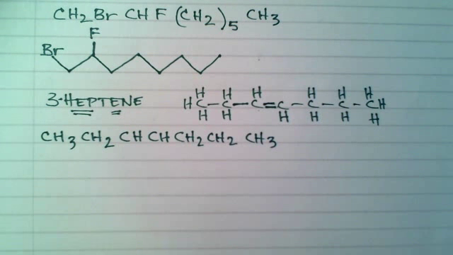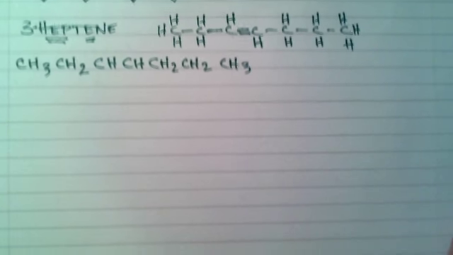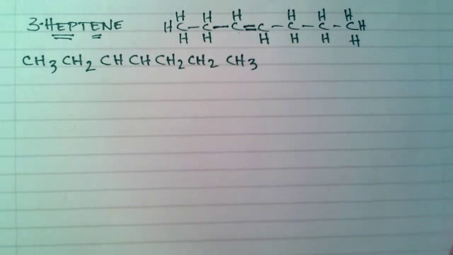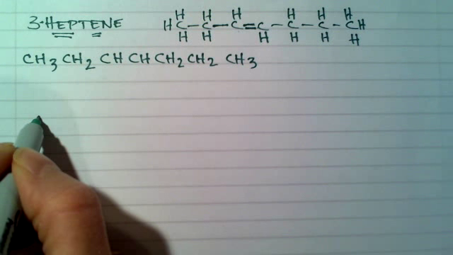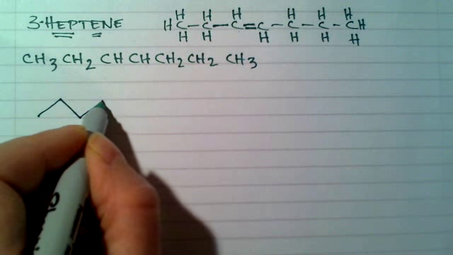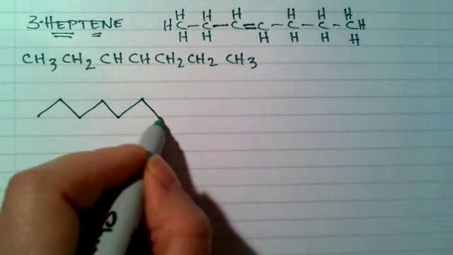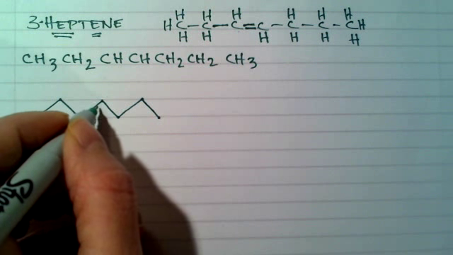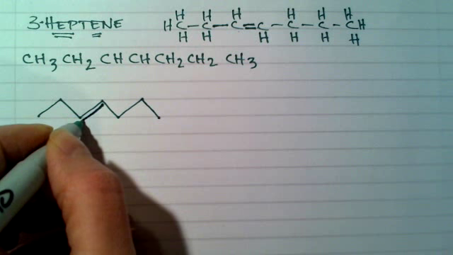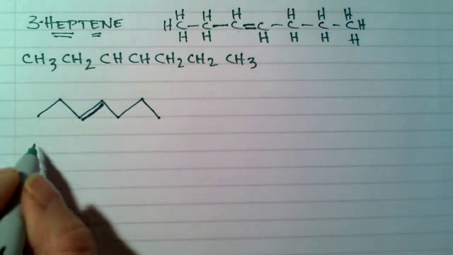And the line angle for 3-heptene, again, 7 carbons, so 1, 2, 3, 4, 5, 6, 7. And between 3 and 4, a double bond. That is your 3-heptene. And the next one we had was 3-hexanol.